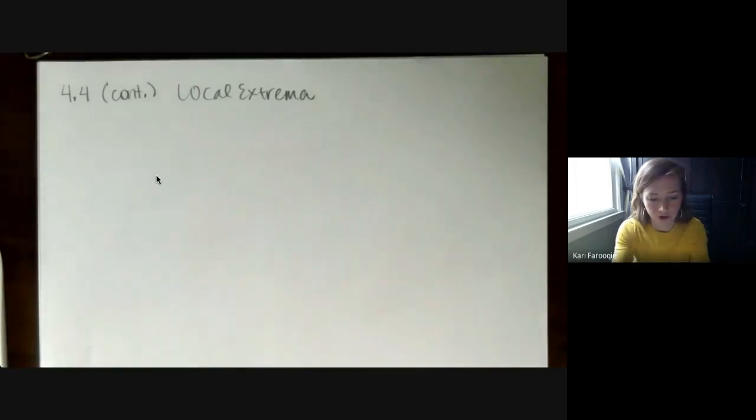Local extrema. So I'm going to give you a test to find local extrema. It's called the second derivative test. Now, if you're thinking, oh, cool, I don't always have to use the first derivative test, not necessarily. It's kind of like when you're trying to solve a quadratic equation, sometimes you can factor it and solve it that way, and if you can, your life's a lot easier. So you always try to factor it first.